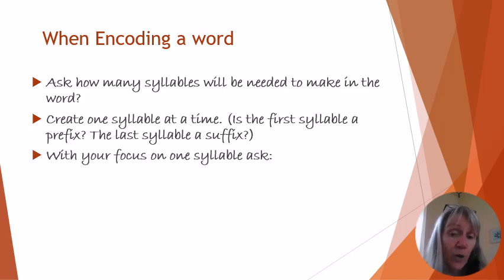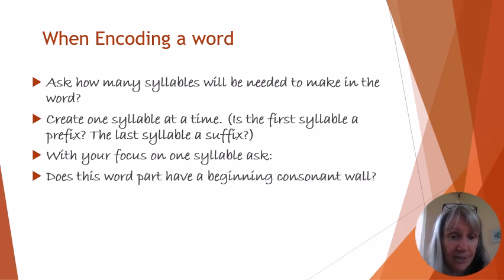Then we focus on each syllable, because that is our focus of word work. Yes, the word is there, but we break it down into its syllables, its vowel-containing word parts, or its word rooms, and we focus on each syllable. That is where our focus is. And once we get to each syllable that we're focusing on, we ask, does this word part have a beginning consonant vowel?